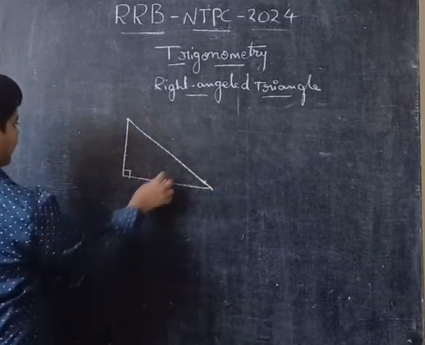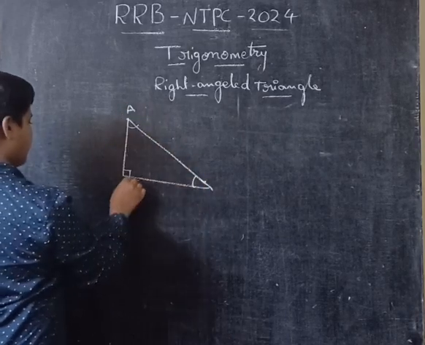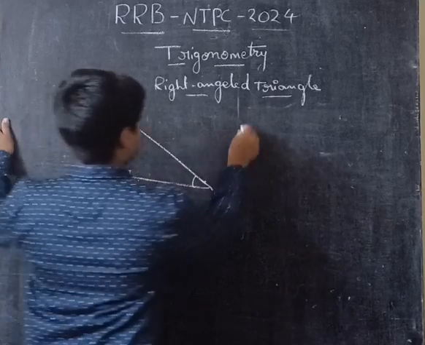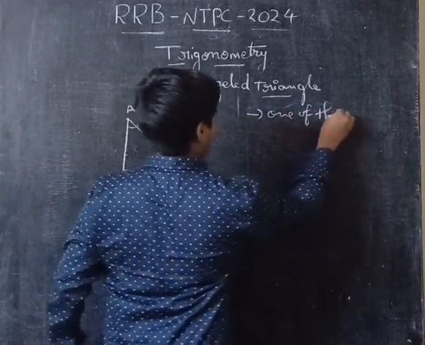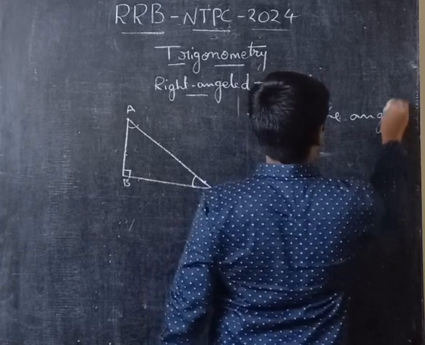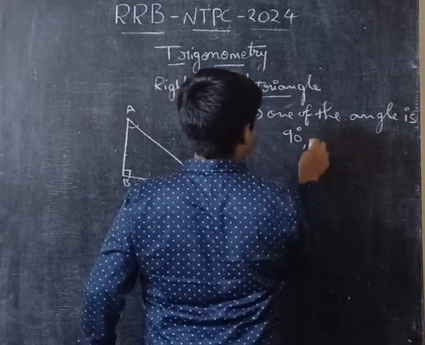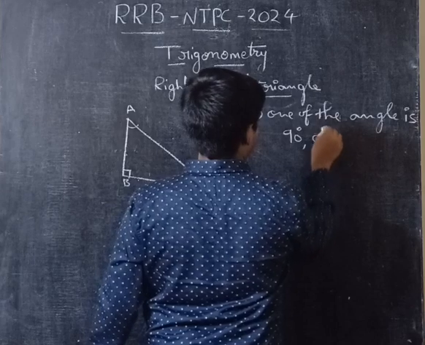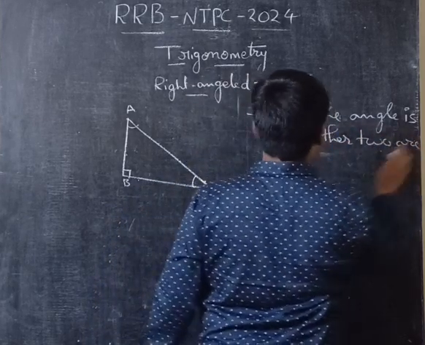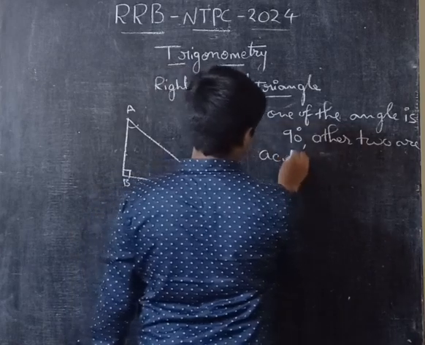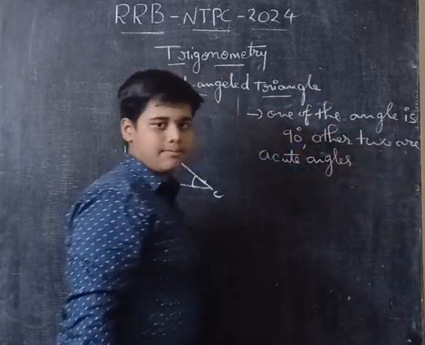So this is the right angle and these are the two acute angles, A, B, C. So one of the angles is 90 degrees, the other two are acute angles. Other two are acute angles.